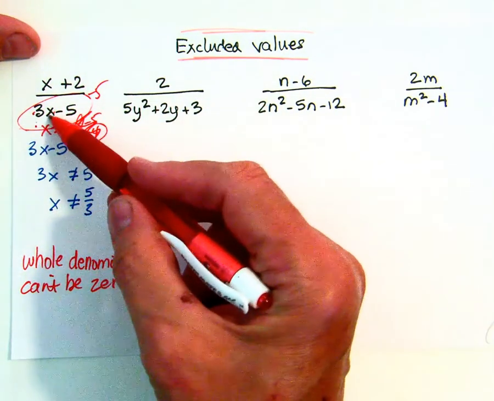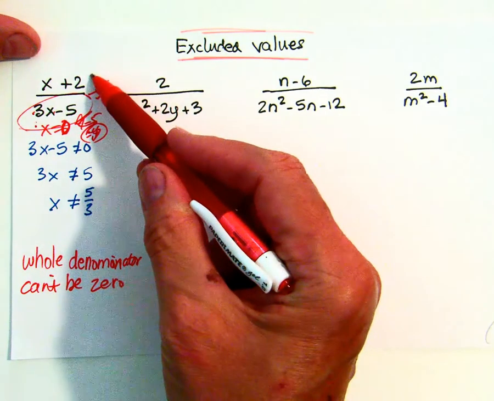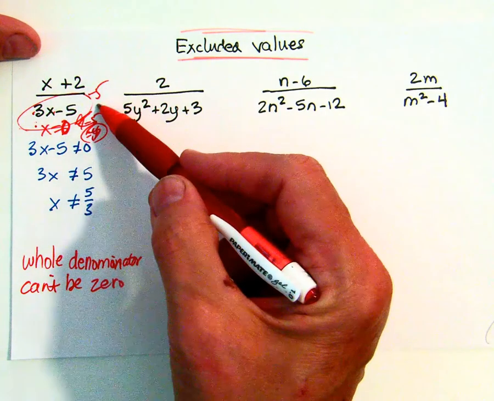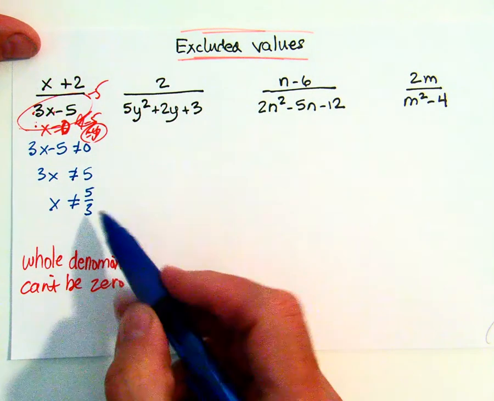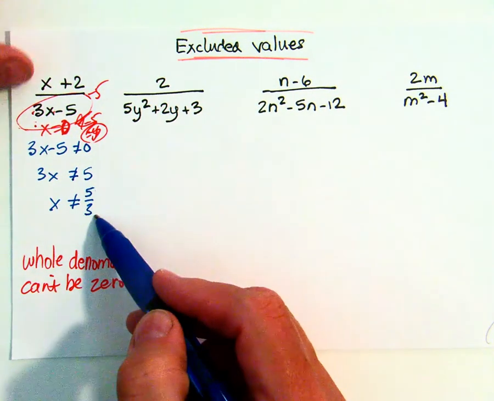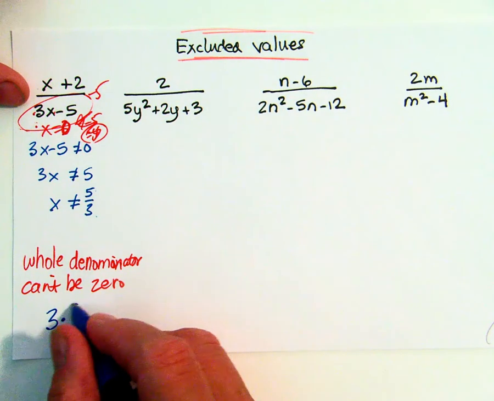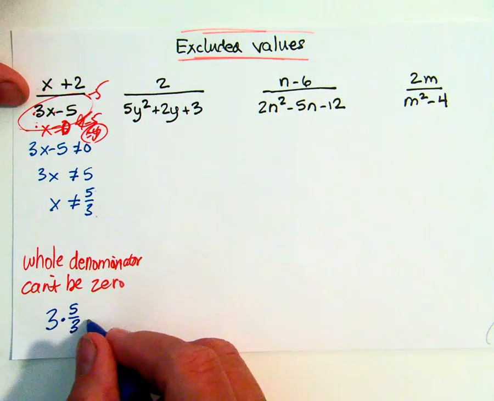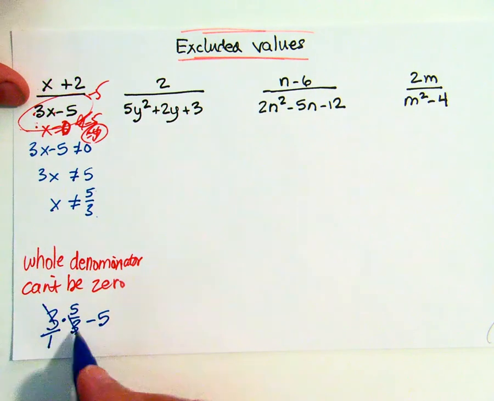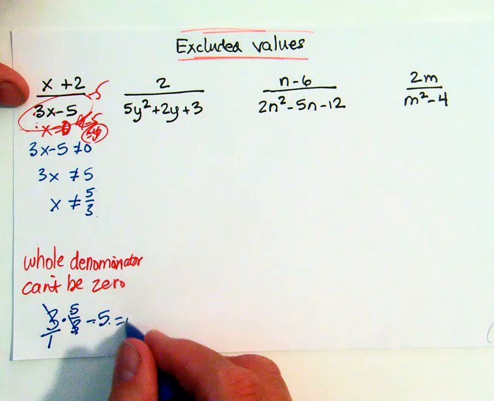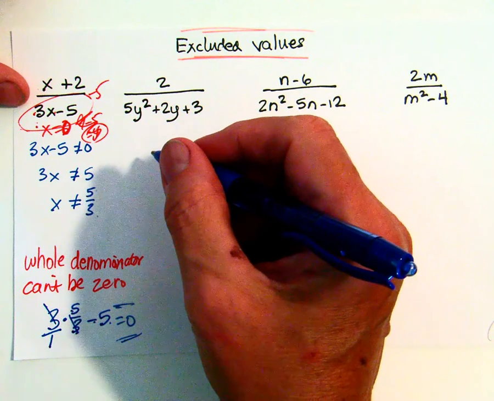So this would be a fraction with x plus 2 over negative 5, and that's perfectly okay. The only thing that won't work is when x is 5 over 3. So you would have 3 times 5 over 3 minus 5. We cancel it. We have 5 minus 5, which is 0, which is no. Okay, let's try this one.